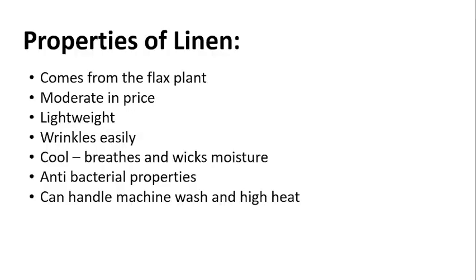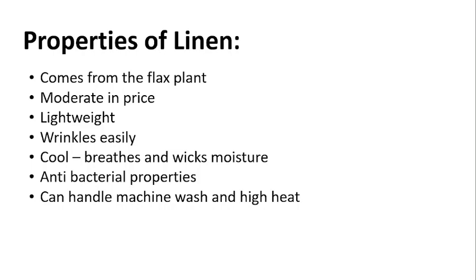So what are the properties of linen? So it comes from the flax plant, and we do kill the plant in its harvesting, so it's moderate in price, it's very lightweight, it wrinkles quite easily. It's very cool, again, probably why it was loved so much by the ancient Egyptians.